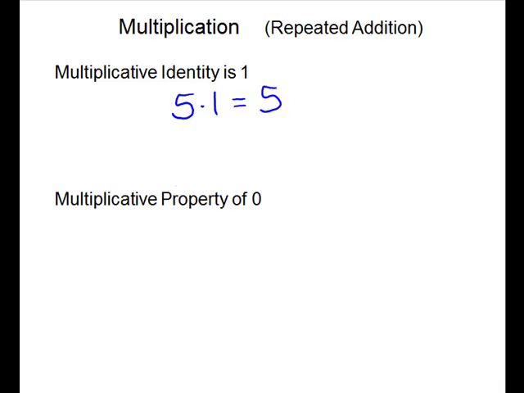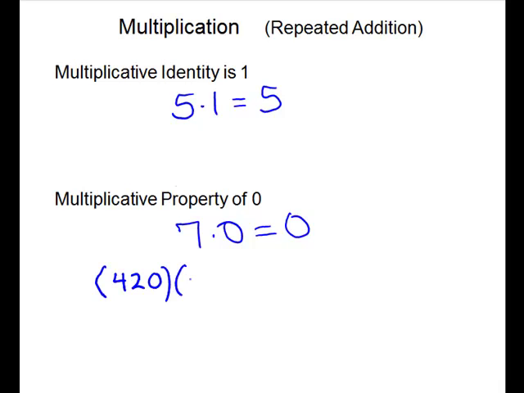One other property we'll look at here is the multiplicative property of 0. Anything multiplied by 0 will give you 0. So if we have 7 times 0, it's going to be 0. This is helpful to know if you have a long problem of multiplication.